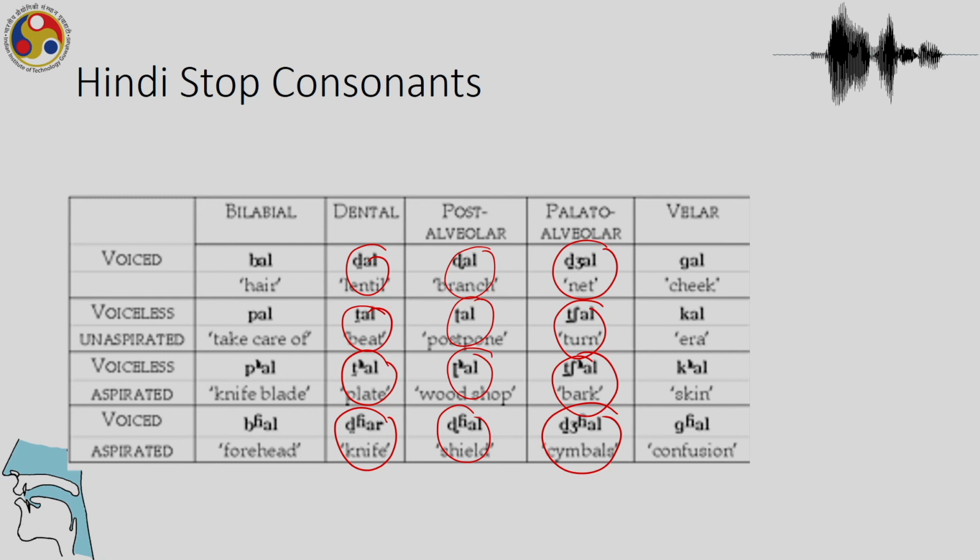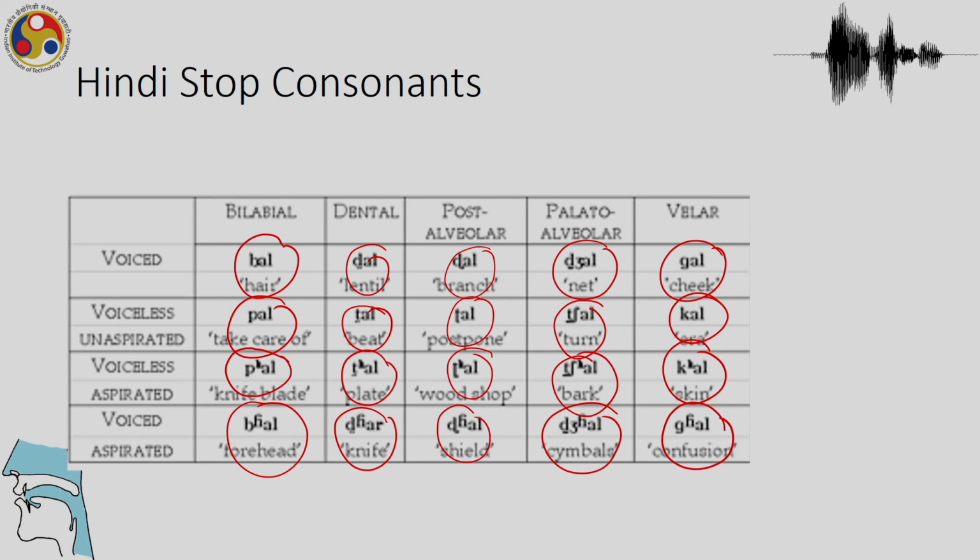And then finally the velar, where you have the commonly seen voiced velar stop, the voiceless velar stop, the voiceless aspirated velar stop, and then the voiced aspirated breathy velar stop. And of course what we see in English, the voiced versus voiceless, unaspirated, voiceless aspirated, voiced aspirated, all four possibilities are present in Hindi.